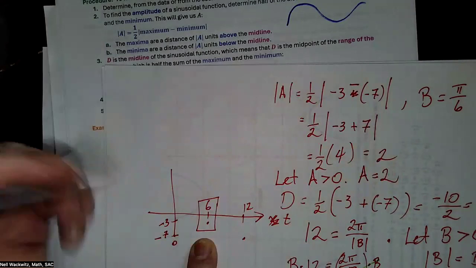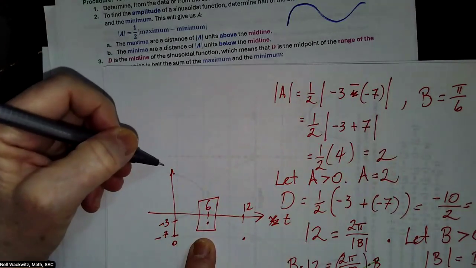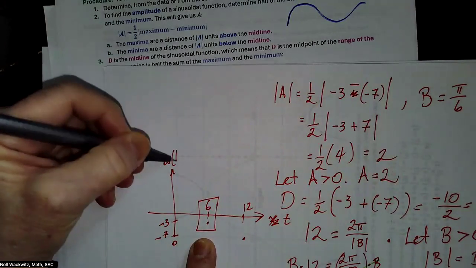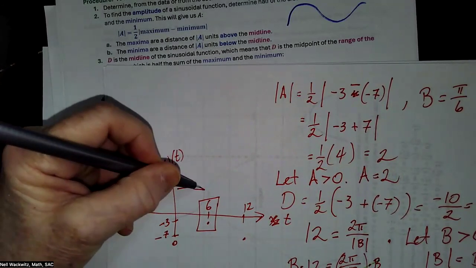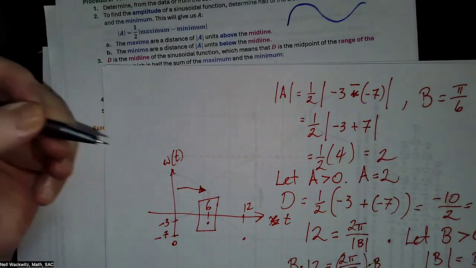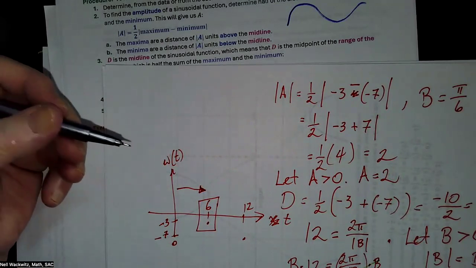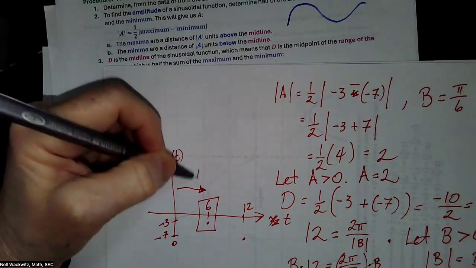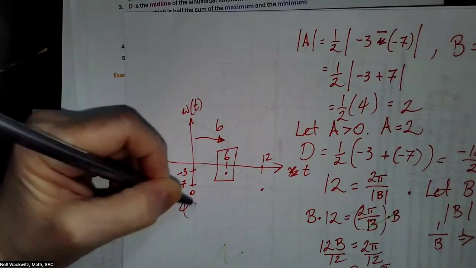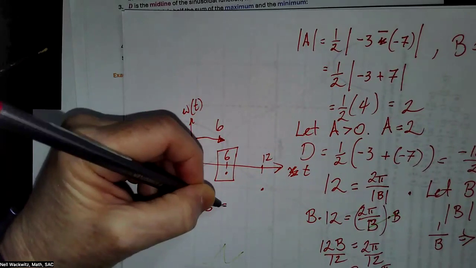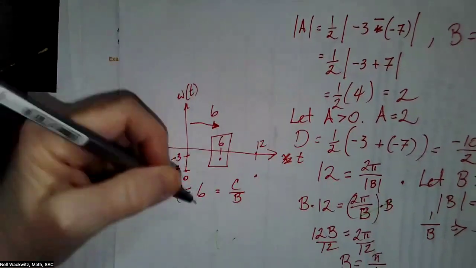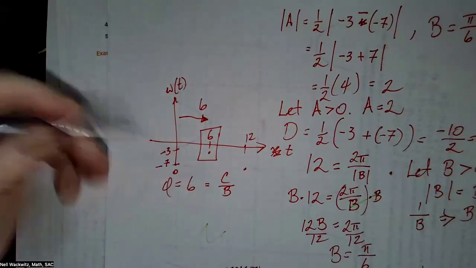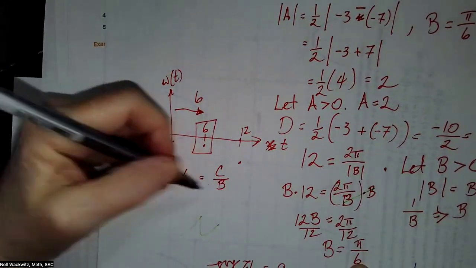What is our phase shift? How far to the right did we have to move? 6. Yeah, very good. So we know that the phase shift is 6. We know also that it is C over B, and we know that B is pi over 6.